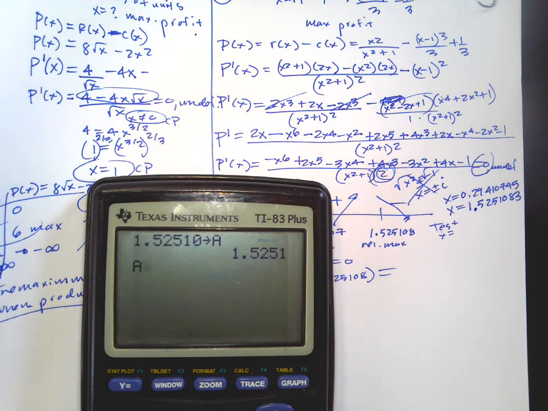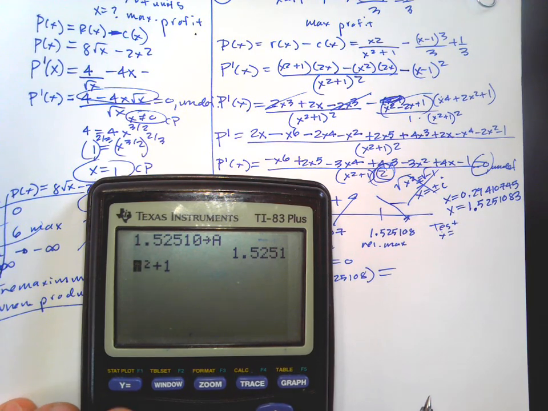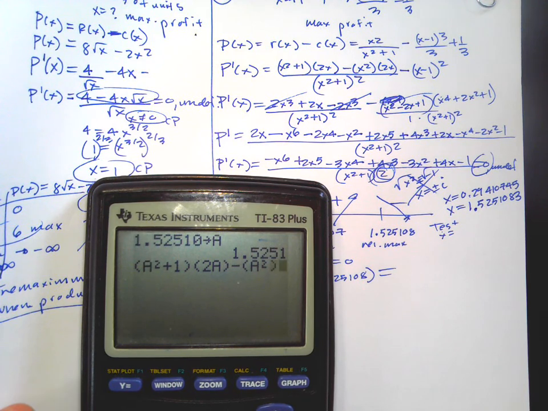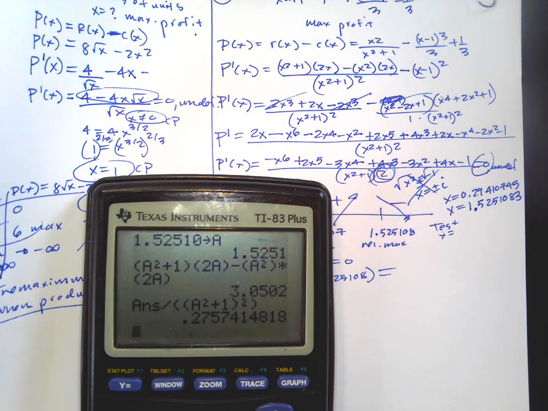Alpha A squared plus 1 times 2 alpha A minus alpha A squared times 2 alpha A, divided by parentheses alpha A squared plus 1 close squared.